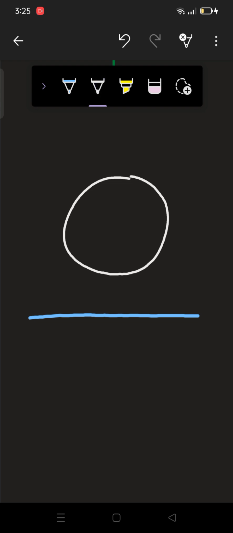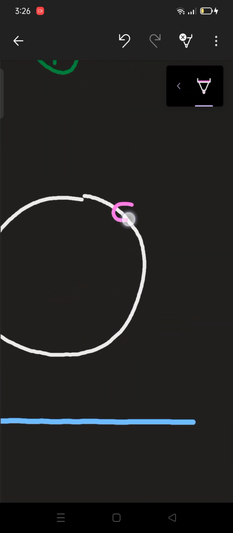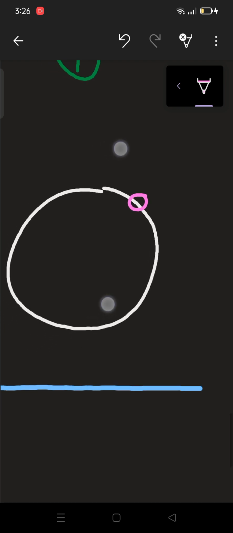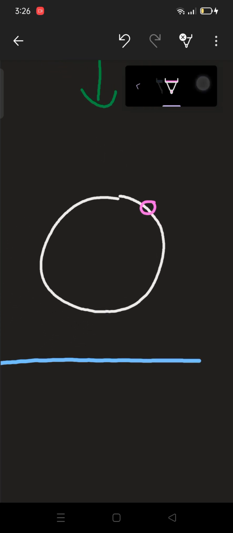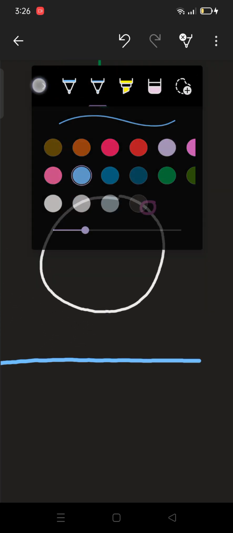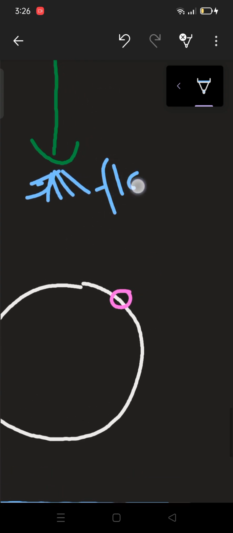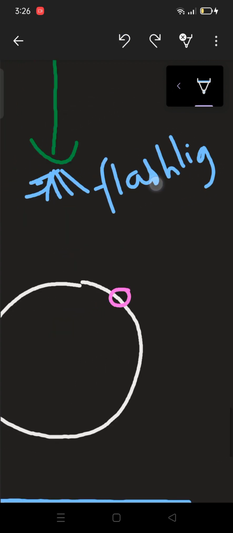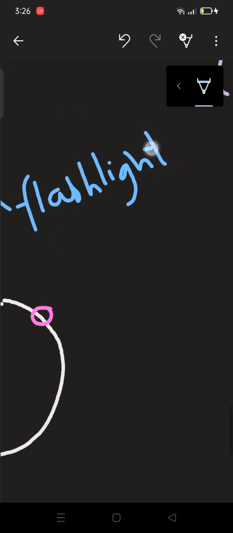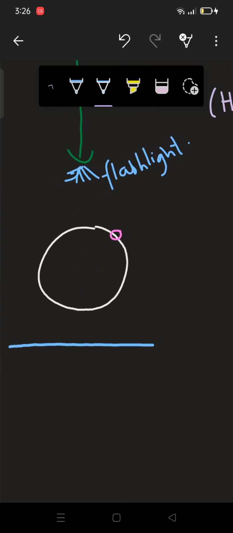Now I have made one particle travel on this, right? And now I am making light here. I have switched on a flashlight to see the shadow of the particle.